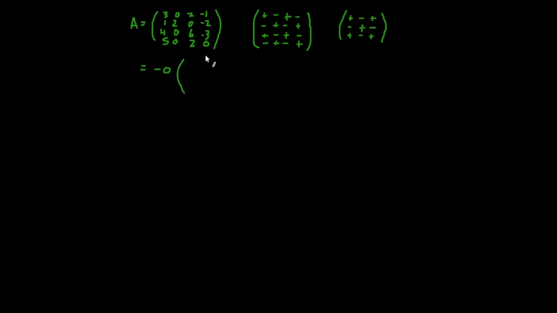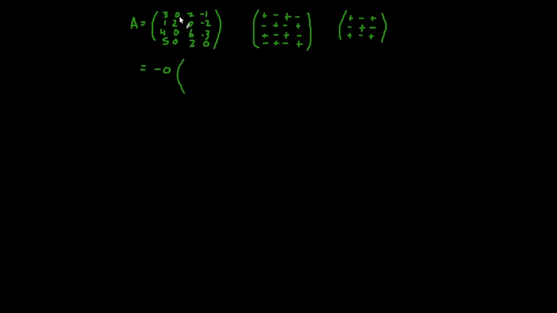So negative 0 times, and then you take every element that's not in the same row as this 0 or in the same column as this 0, and you put it in this new 3x3 matrix. Everything else is 1, 0, negative 2, 4, 6, negative 3, and 5, 2, and 0.